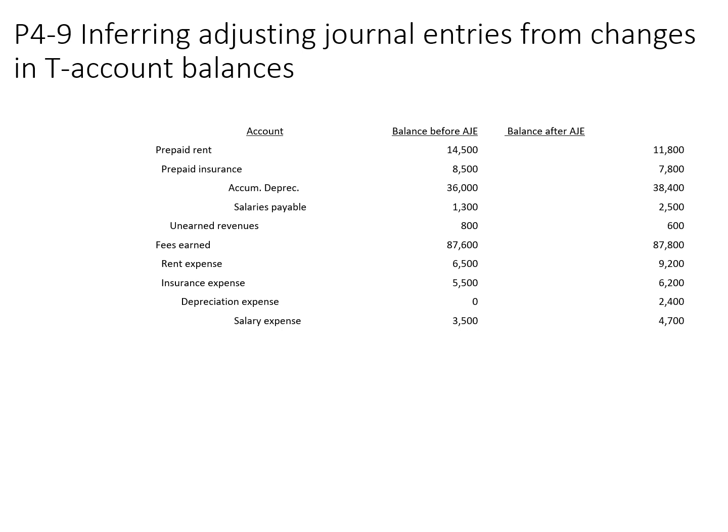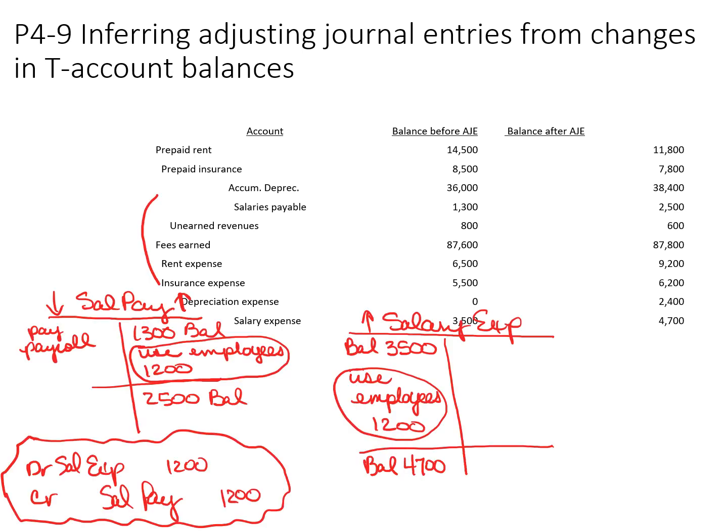Let's try salaries. So let's see, where salaries payable, before and after. Salaries payable went up and salary expense also went up. So let's tee it up and see what's going on. See if we can tell the story. If salaries payable went up, we must have used some more employees before the end of the year, but we'll pay them later.